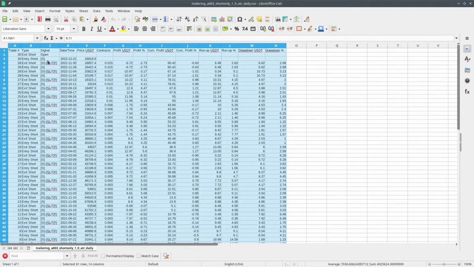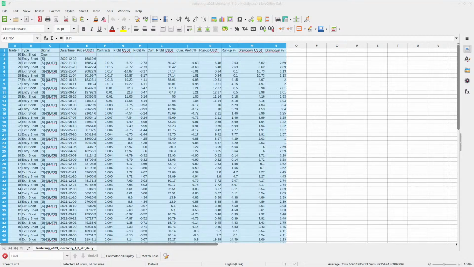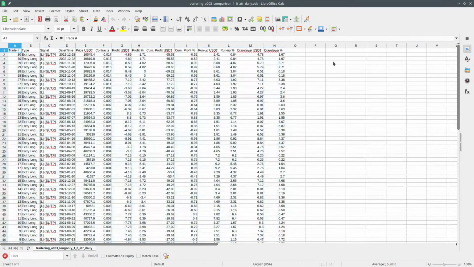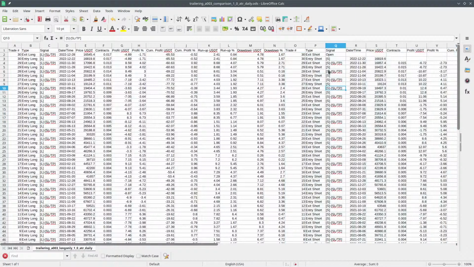Oh, look at that, there's an open trade which we want not to use, so comparison daily ODS, that's here. Okay, so we have an entry short from 22 of December. Oh, look at that. So we don't want this one. 22 of December. Okay. We don't have the time here. That means it's 00, I guess.